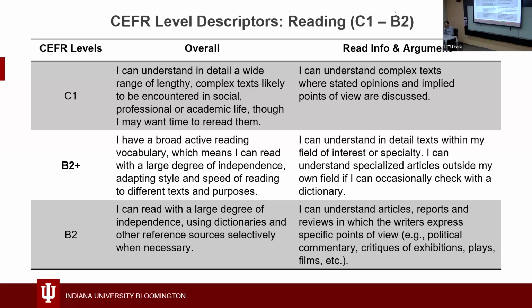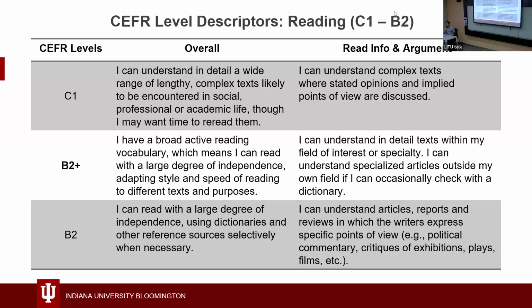And then there are different level descriptors for different reading topics and genres. If you read for information and argumentative readings, "I can understand complex texts where stated opinions and implied points of view are discussed."